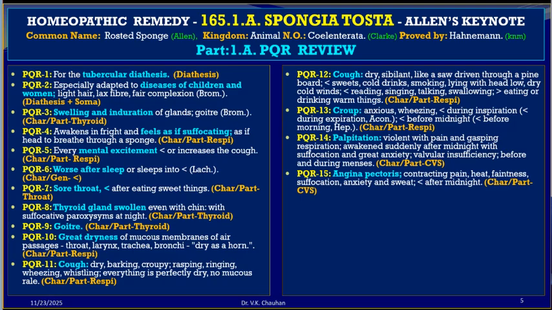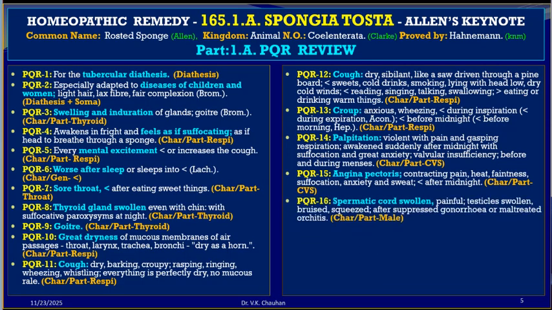These two PQRs, 14 and 15, are dedicated here for cardiovascular system. Now there is PQR16, spermatic cord swollen, painful, testicles swollen, bruised, squeezed after suppressed gonorrhea or maltreated orchitis. So this belongs to characteristic particular general males, but at the same time please remember the causation is also there. Causation is gonorrhea.